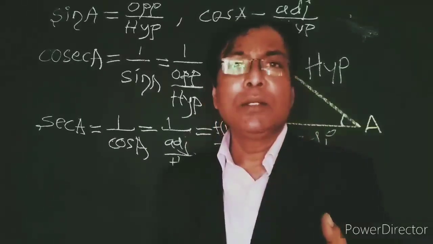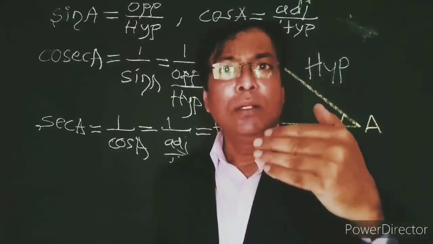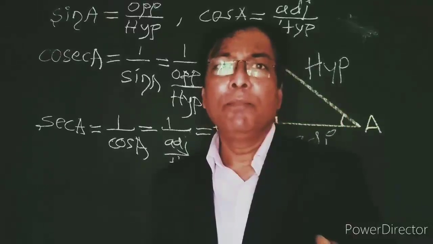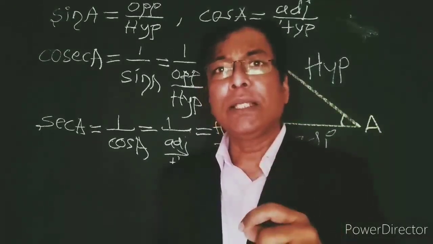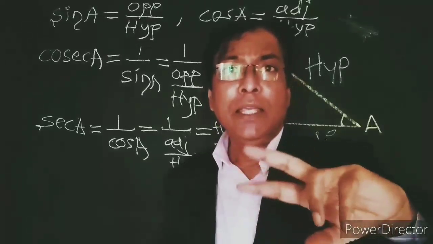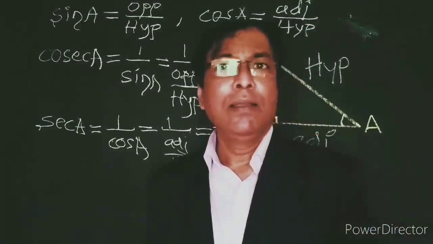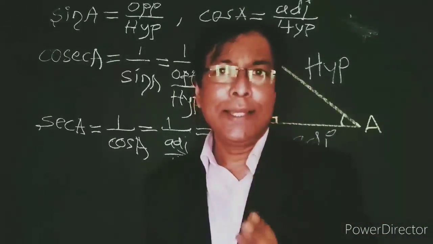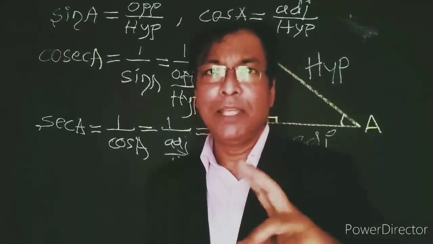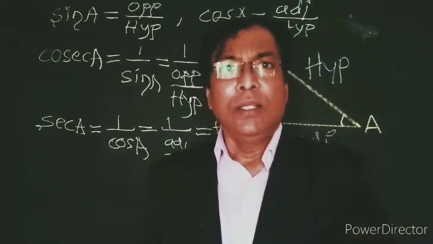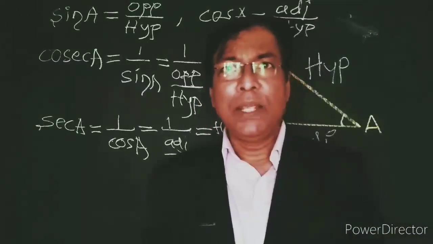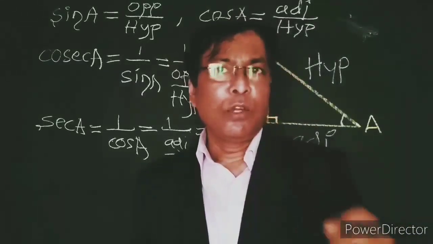We can get it by dividing cos A by sin A. Then the fifth ratio, cosec A, can be obtained by inverting the sin A, and the last ratio, sec A, can be obtained by inverting the cos A. So these ratios play a very important role in solving the numericals.